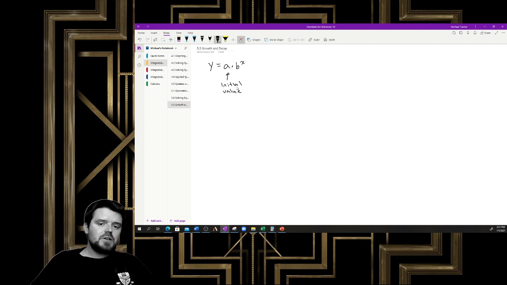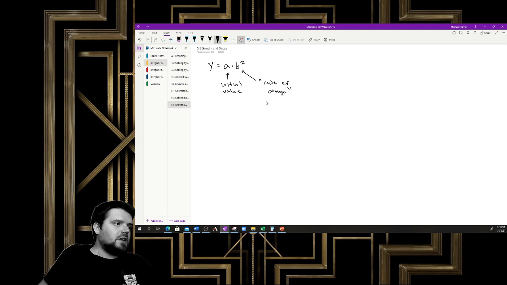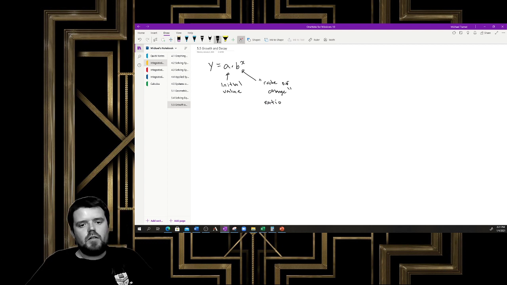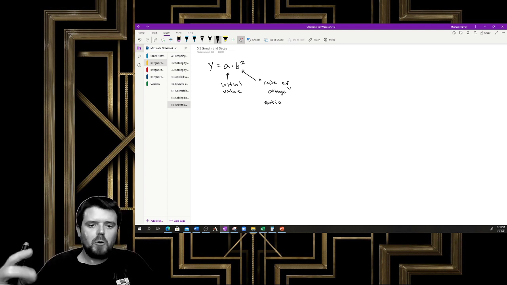And b is your rate in a sense, but we don't really call it that. But just for argument's sake, and so it's relatable, let's call it our rate of change, even though it's technically not. Most commonly, we'll refer to this as like a ratio or the multiplying factor. There's different terms depending on what textbook you're using, but it's kind of like our rate of change.